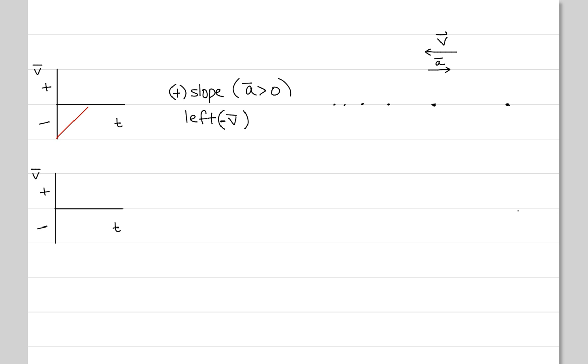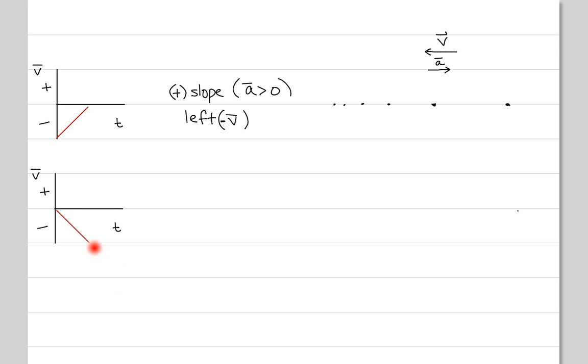So let's do the last one. And this would be a sloping line away from the x-axis in the negative region. Okay, so as time goes on, you're getting farther and farther away from 0.